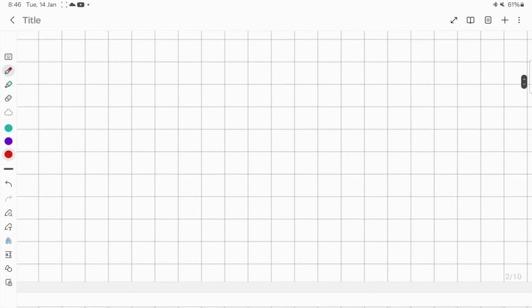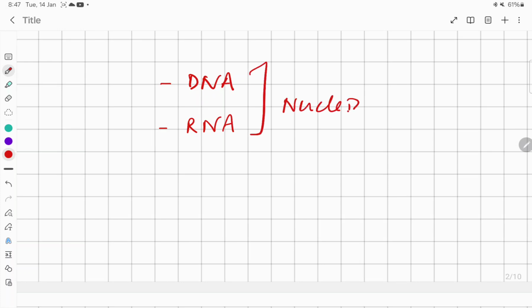So in this case we can say that gel electrophoresis is a molecular biology technique that we use to separate nucleic acids like DNA, RNA, and also proteins.